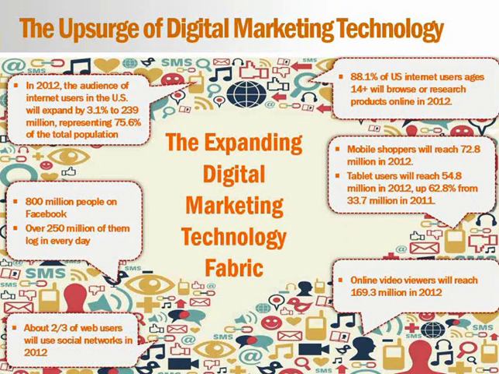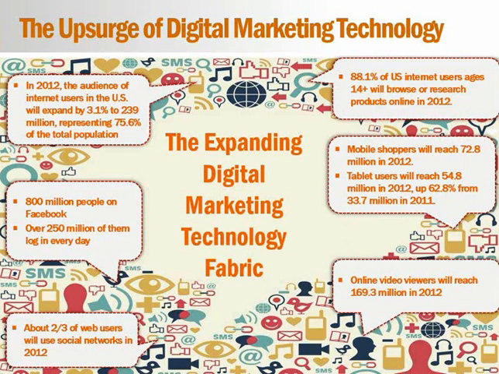In 2012, there were around 239 million people on the internet just in the US. There were 800 million, close to 1,000 million people on Facebook. There are a humongous number of video viewers on YouTube and other video channels.